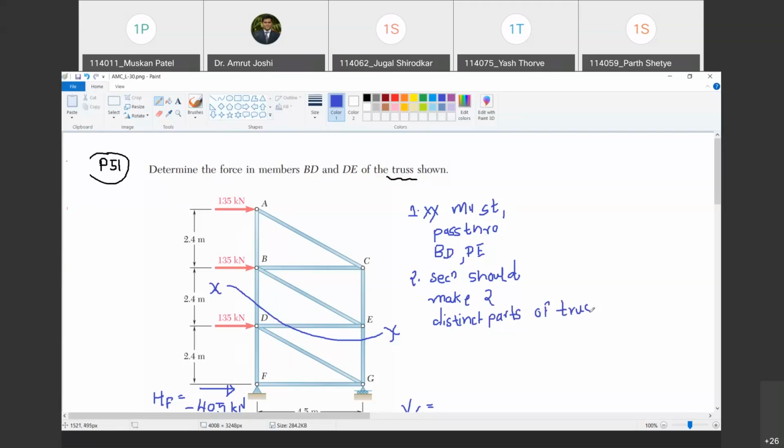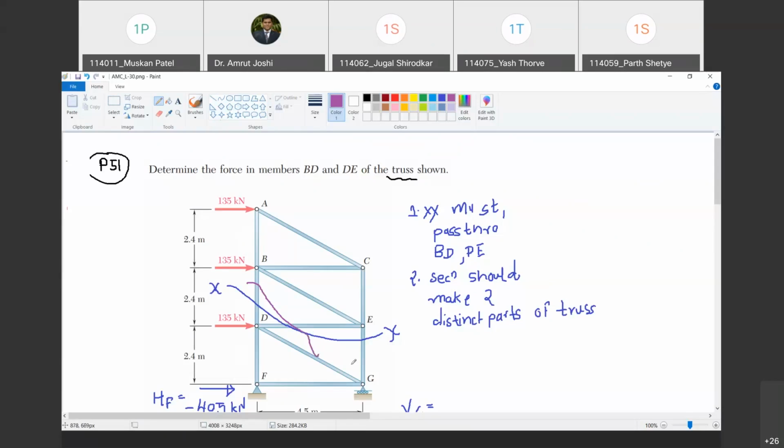Yes, sir. So for example, if I take a section passing through only BD and DE, it is not going to make two distinct parts of the truss. Why? Because then the lower part will be connected to the upper part through member EG. Let us say I take a section only through these two members.